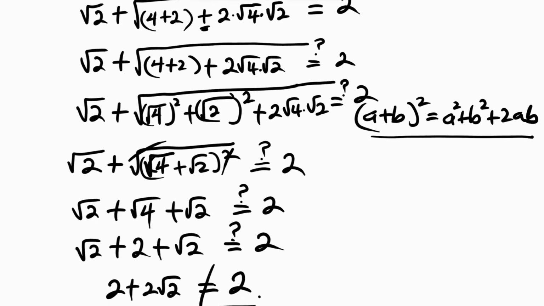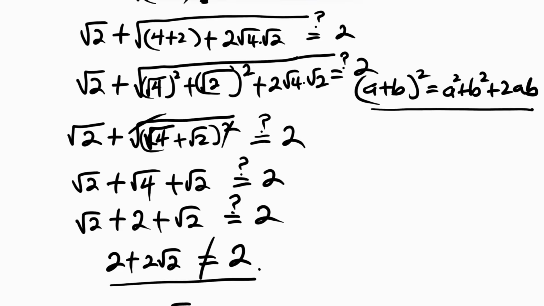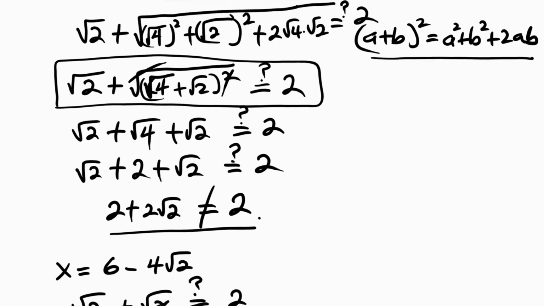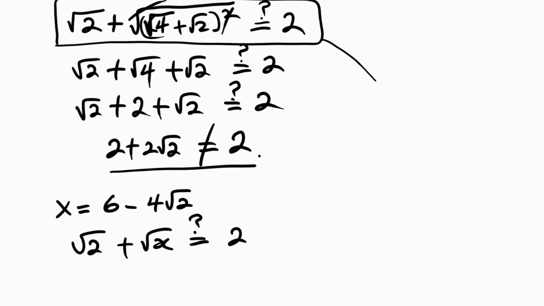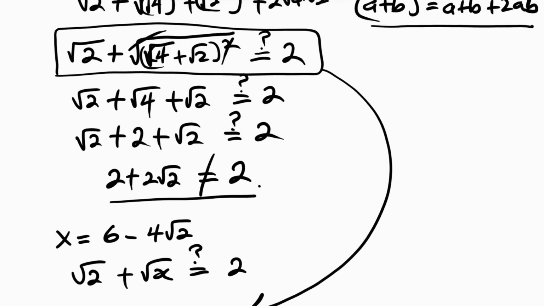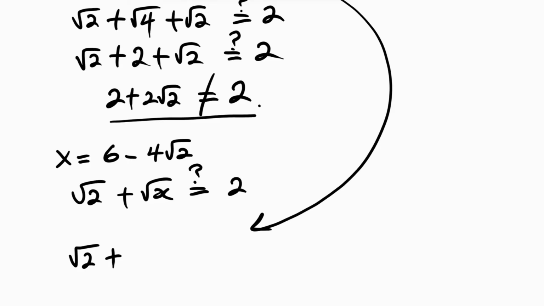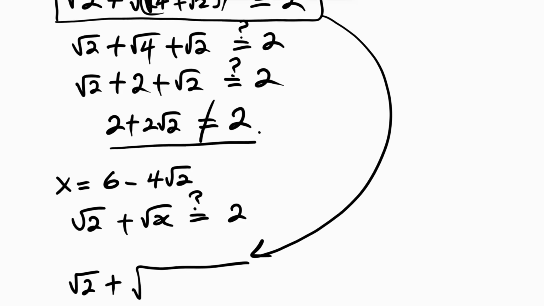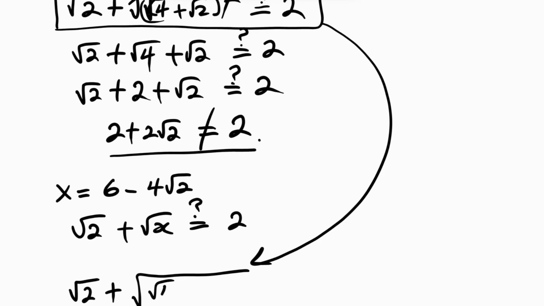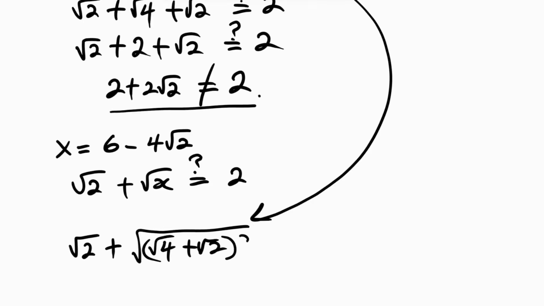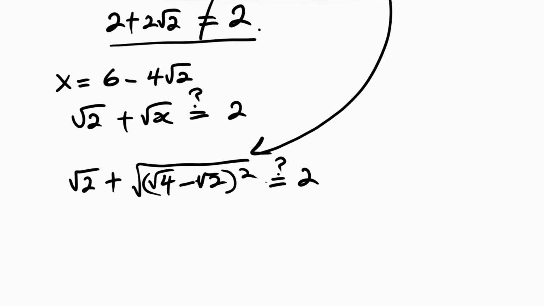So from here we have root 2 plus the square root of root 4 plus root 2 all squared. This is going to be now minus. And we're trying to see if that's going to be equal to 2.